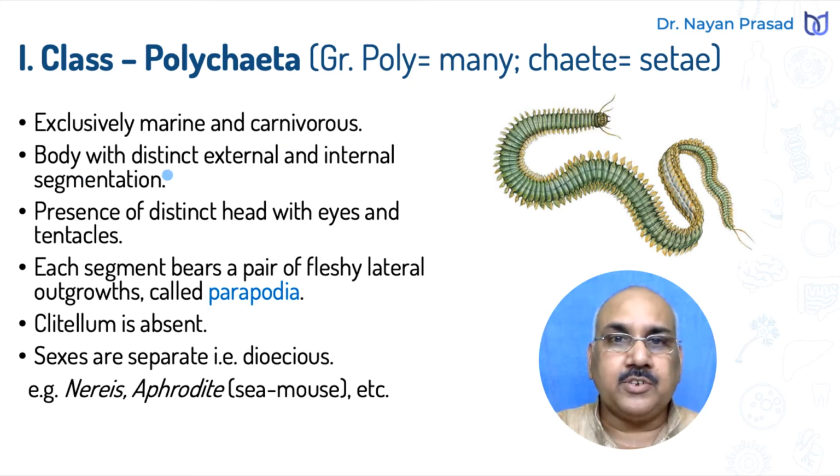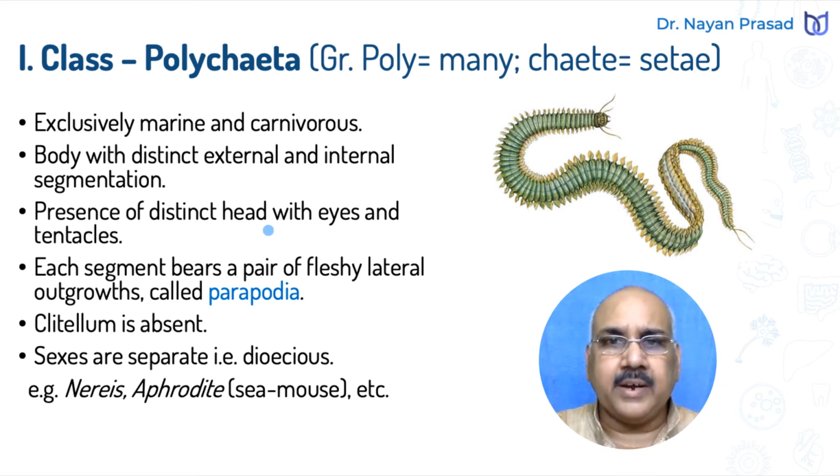Body with distinct external and internal segmentation. So externally and internally both. This condition is called metameric segmentation. This is the image of nereis, in which we see distinct segmentation in the body.